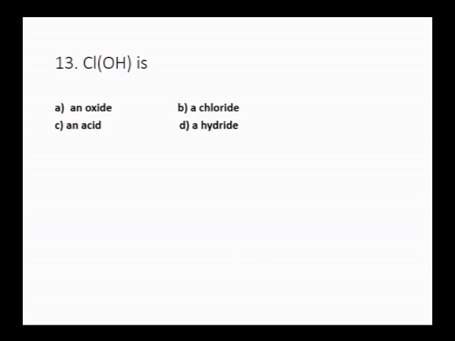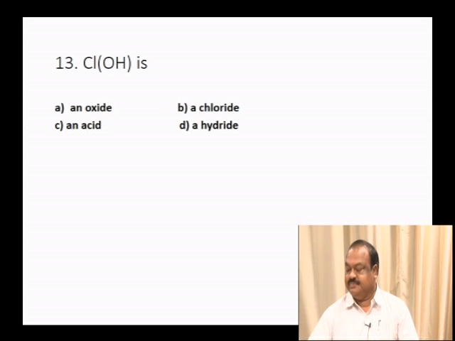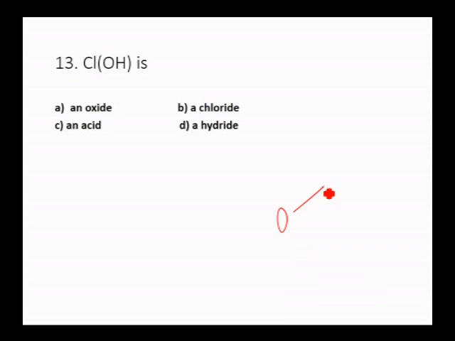Next, ClOH is called hypochlorous acid. Its structure indicates whether it is an oxide.